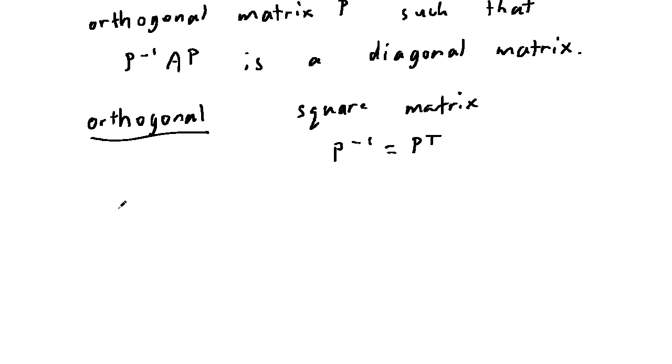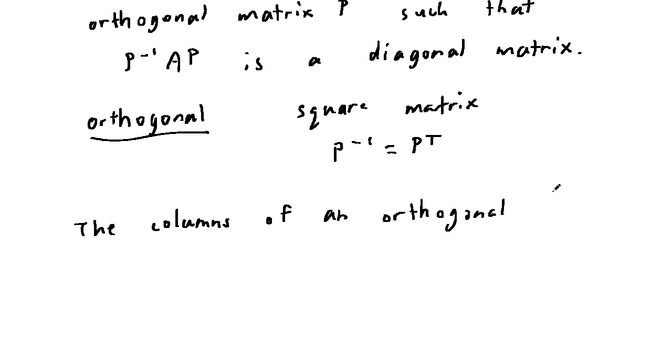Now, the columns of an orthogonal matrix form an orthonormal set. Okay? The columns of an orthogonal matrix form an orthonormal set.